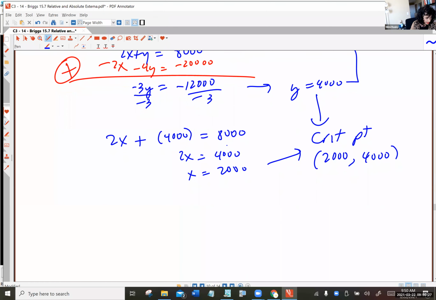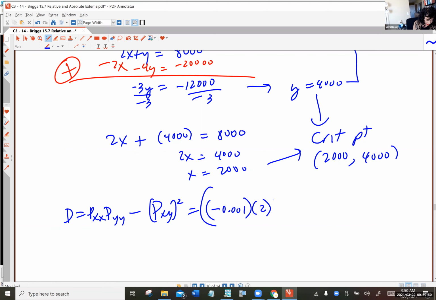So if I get my second partials and I go, okay, D is equal to Pxx, Pyy minus Pxy squared, my Pxx is negative 0.001 times 2. So that's a constant.